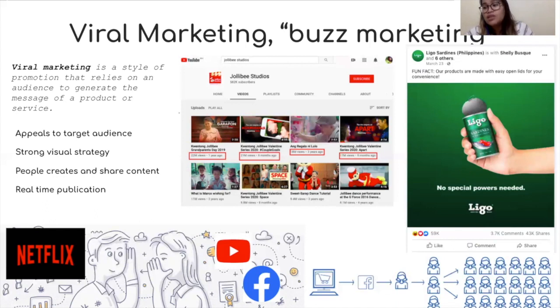Marketing is considered viral when it reaches the point where it's being shared by the public at large, rather than only a targeted audience. So if you achieve it, it means that your message was relayed successfully to your customers.